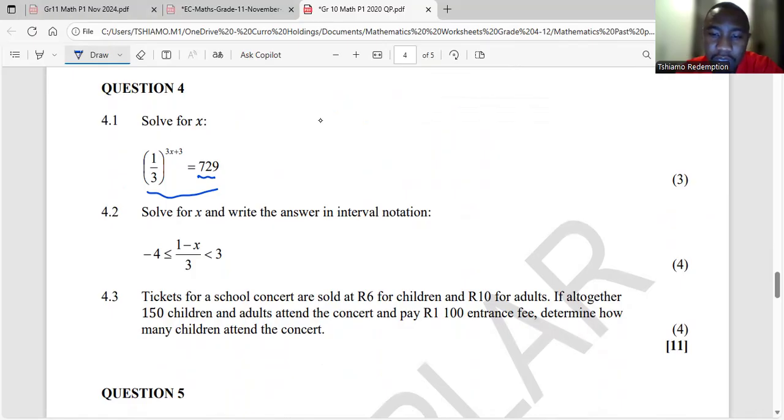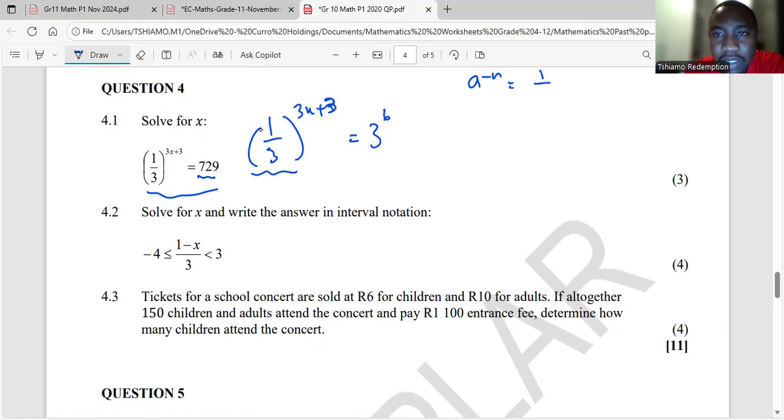729. That gives me, so I'm going to write this one down. 3 to the power of x plus 3 equals 3 to the power of 6. And now, remember, there's a golden rule that says a fraction can be written as a negative exponent.